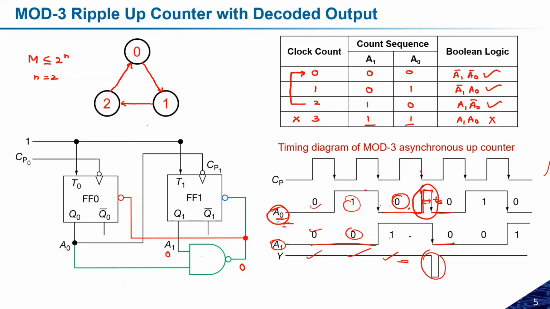Up to that time period this output will be logic low, and once both flip-flops are clear, Y will again become 1. So you will get some glitch over here, and this glitch is because of the delay of this AND gate.